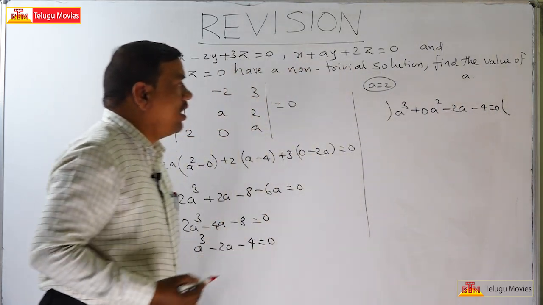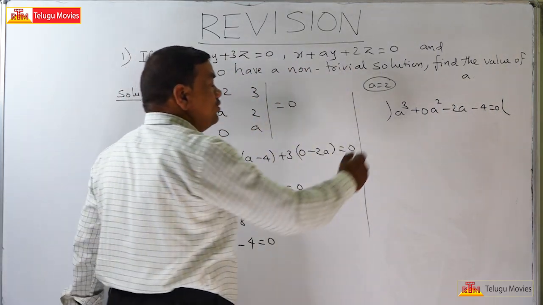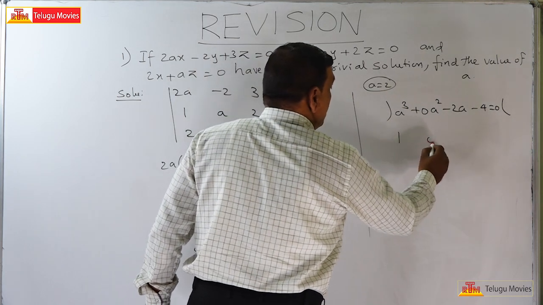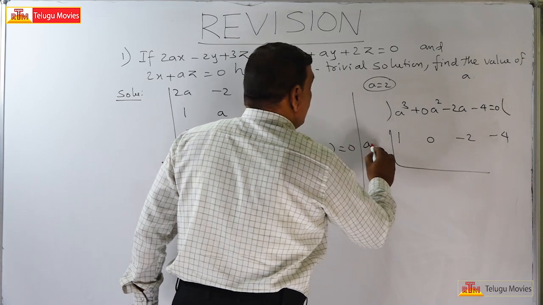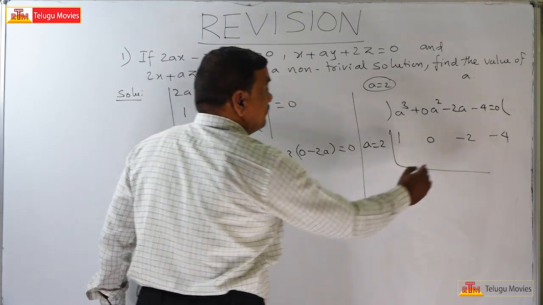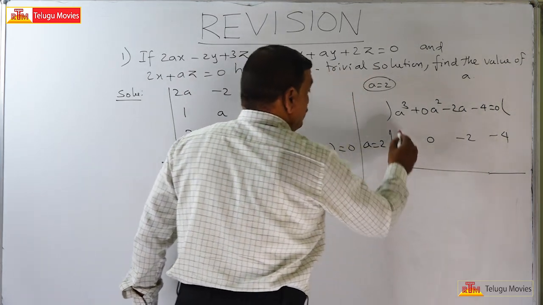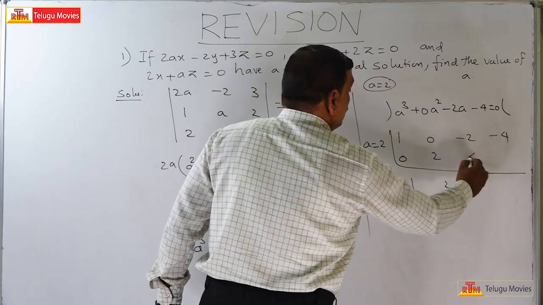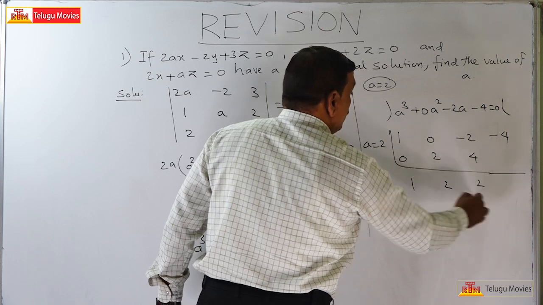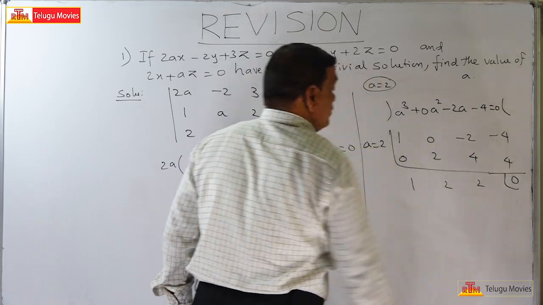Otherwise, you can use Horner's method of synthetic division. Let us do Horner's method. Coefficients 1, 0, minus 2, minus 4. a minus 2 is equal to 0, so a is equal to 2. Then 1, 2 ones are 2, 2 twos are 4, 2, 2 twos are 4, remainder 0.